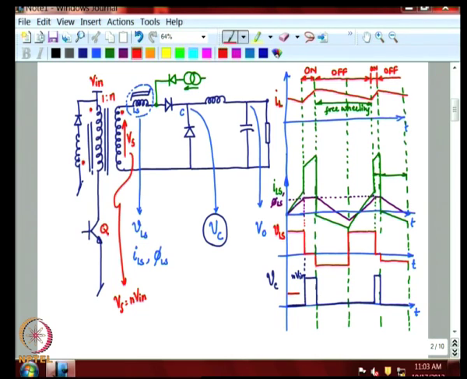So, the average is given in this fashion, and if you consider this as the on time T on and this as the off time T off, then V naught will be equal to T on by T on plus T off into N V N.